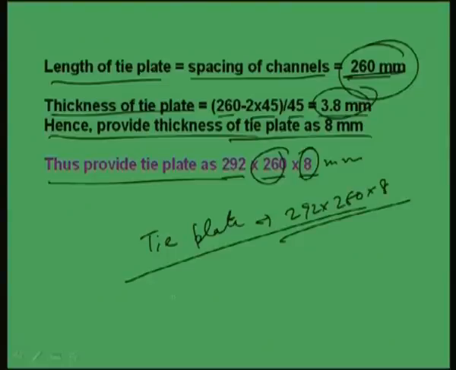So this is the way to calculate the sectional properties of built up sections and the design procedures. Now I think we have some idea about designing of tension members.